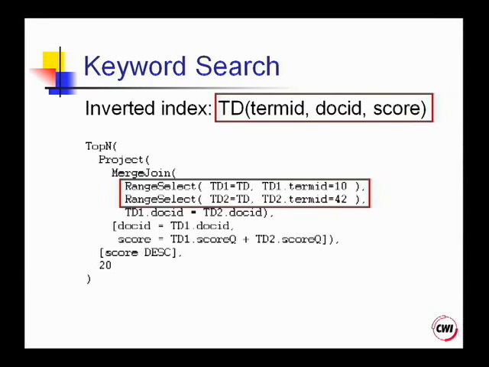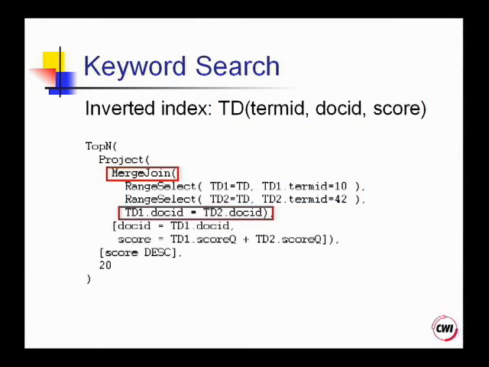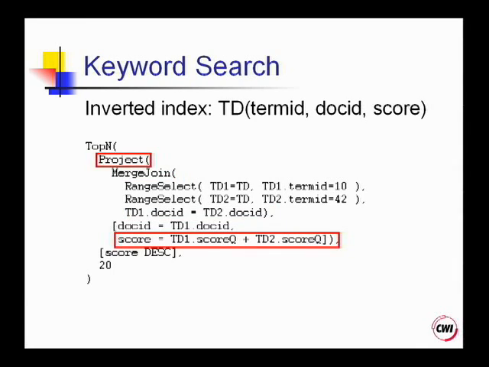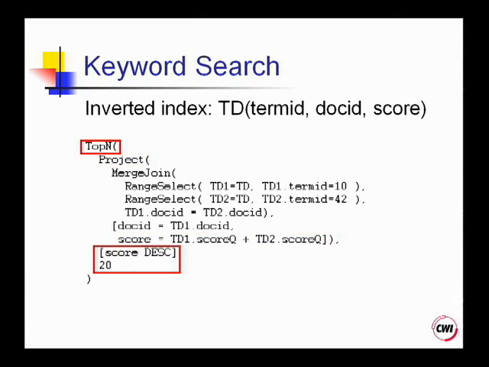Then this returns doc ID and score columns, two columns which we merge join on doc ID to get the Boolean AND of the search terms. Then we perform a projection to add the scores per document, add the scores for each term. And we perform a top N to select the top N ranked documents as the most relevant.